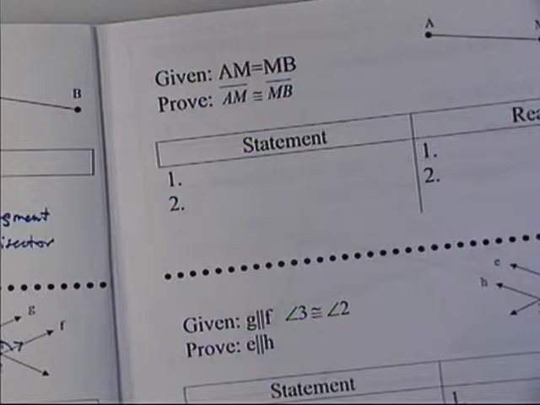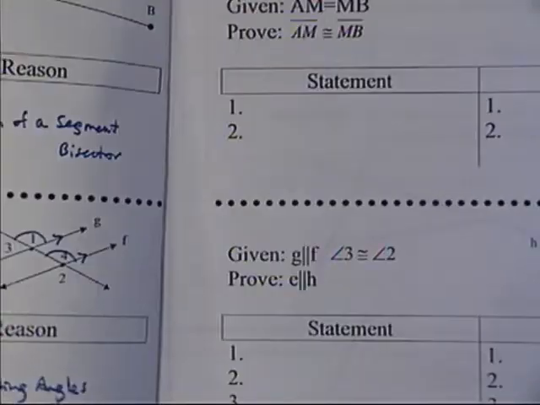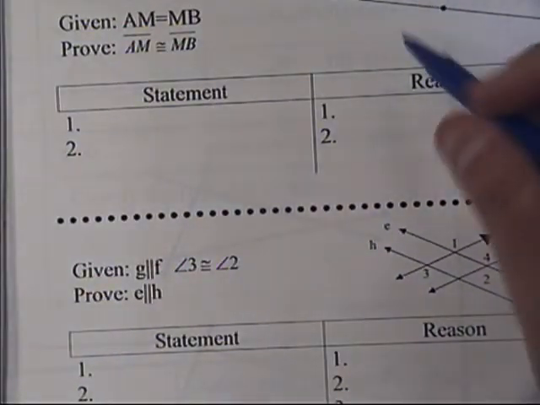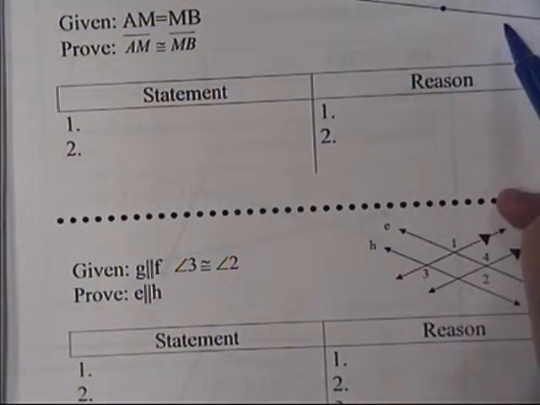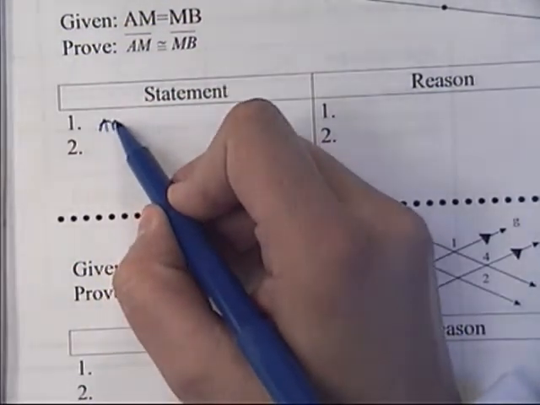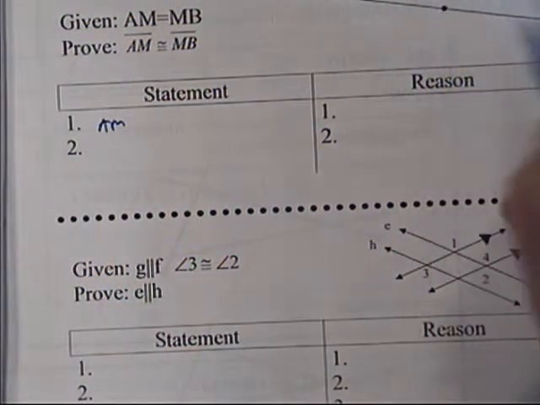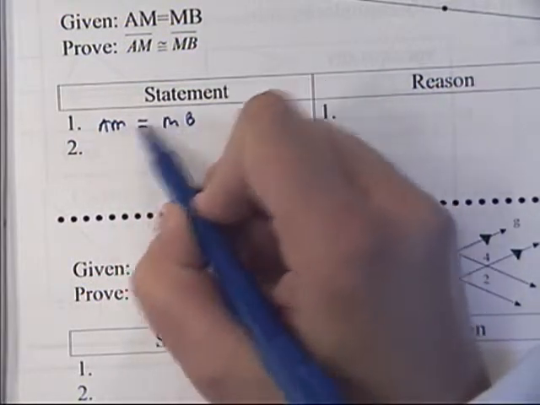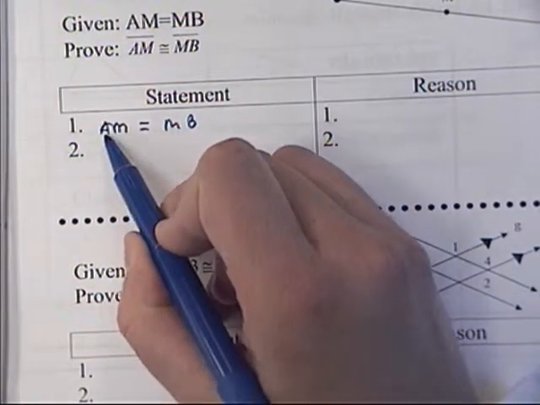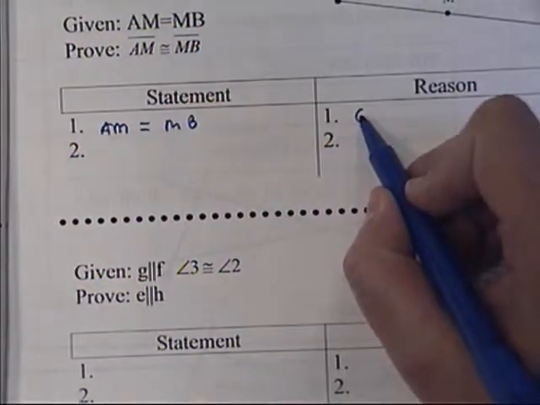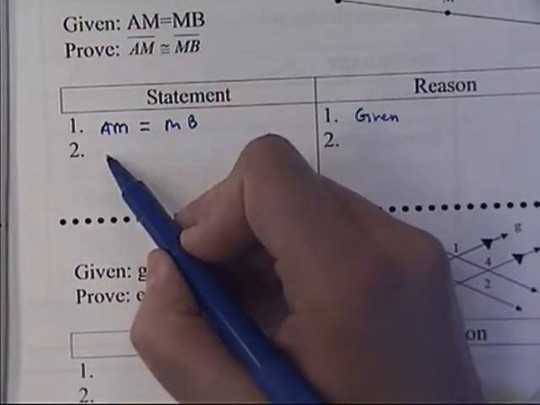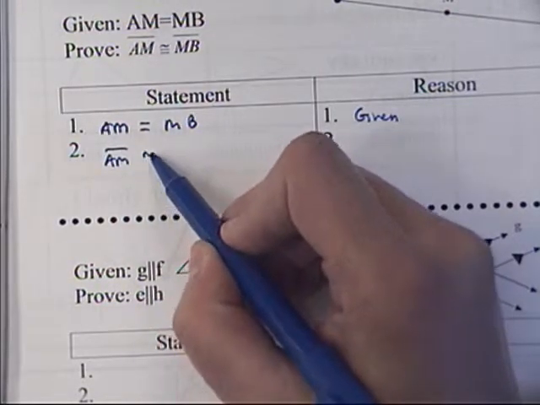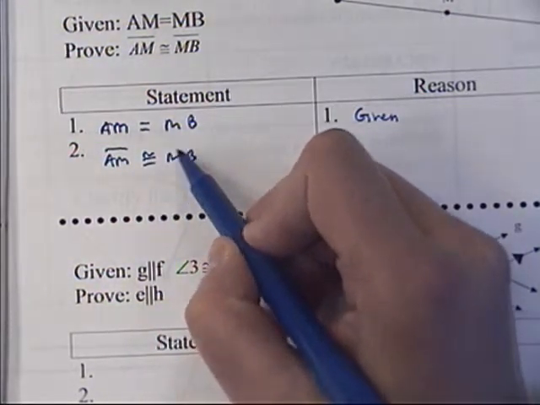Then we have these examples. If you have segment AM being the same as segment MB, that's what I meant to say. This statement means that the measure from A to M is the same as the measure from M to B. Now, the second statement says that therefore the line segments themselves are congruent.